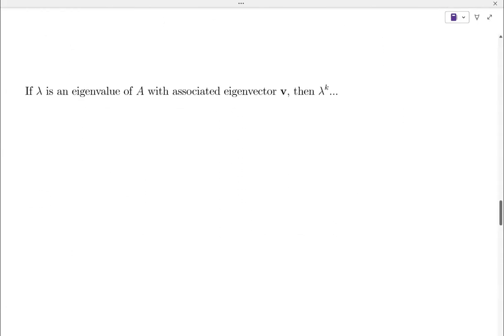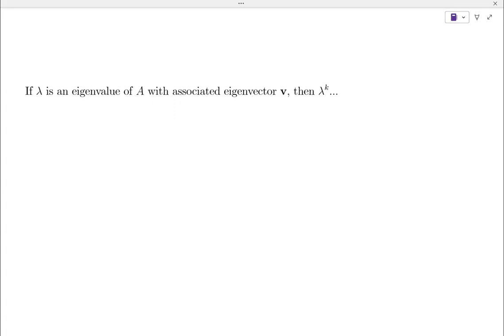All right. Here's an interesting little property. If we have an eigenvalue associated with a matrix and an associated eigenvector v, then what can we start talking about with lambda to the k? This is one of the reasons why we care about eigenvalues and eigenvectors.